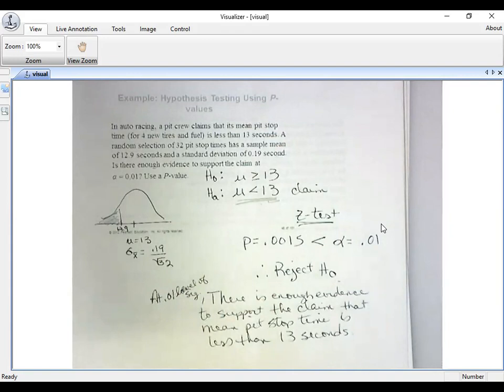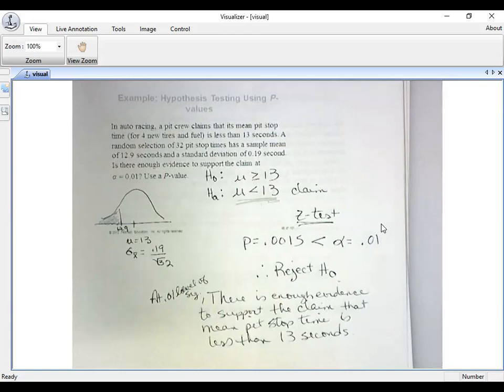Now, before you get too overwhelmed or stressed, on the test, there is one problem that is a whole shebang like this. Start to finish, you've got to do the whole thing. And it would basically be considered like extra credit. You're going to see more questions that may just be: state the null hypothesis, state the alternative hypothesis.